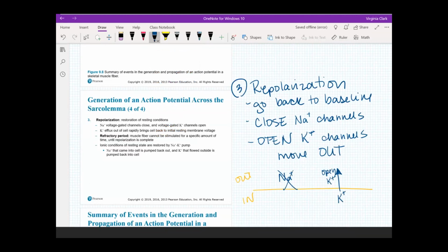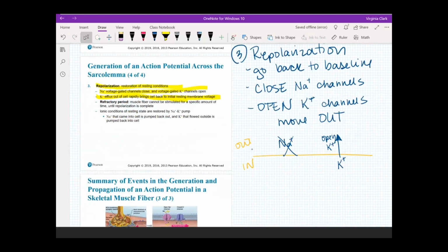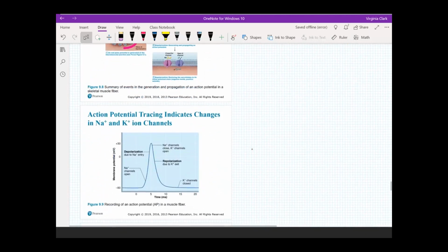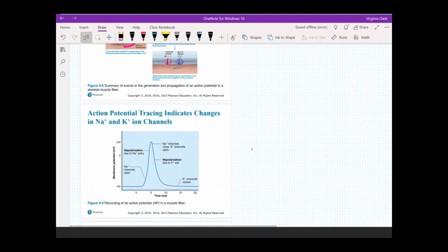If you do this, you are essentially going to take that resting membrane potential back to its normal initial resting state. This is what's happening with our repolarization. It is due to our sodium channels closing and our potassium channels opening, and the movement of our potassium ions takes our resting membrane potential back to normal. So that is part A and B of phase one.